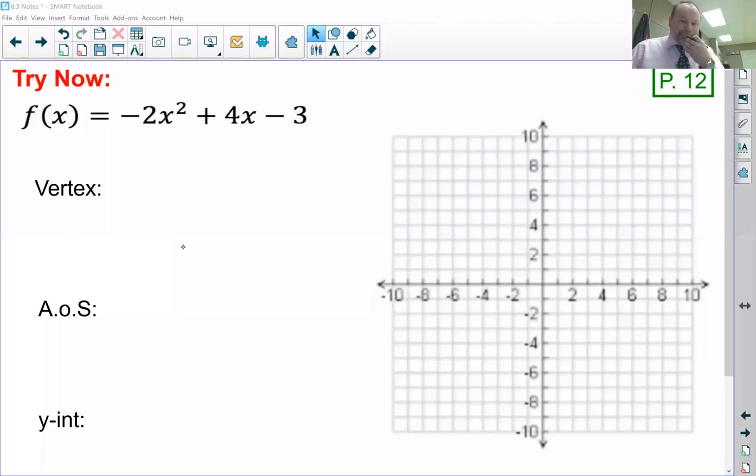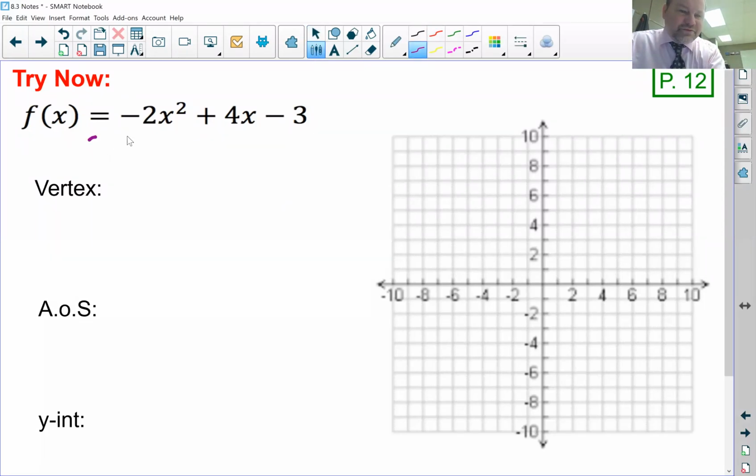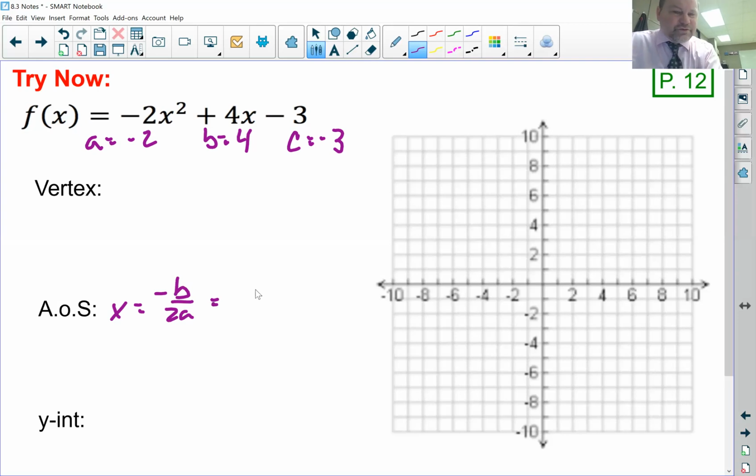All right. So starting again, I always start with the axis of symmetry. It just, to me, makes sense. Actually, I start with A, B, C. So I get the opposite of B over 2A for my axis of symmetry.